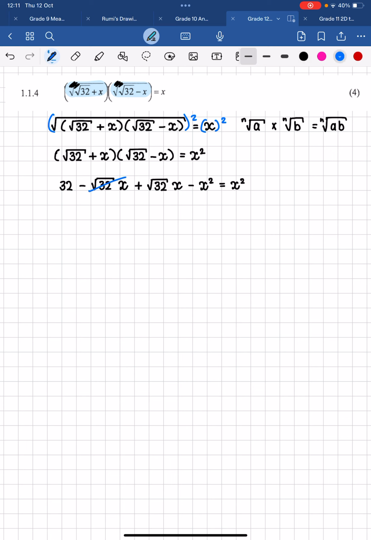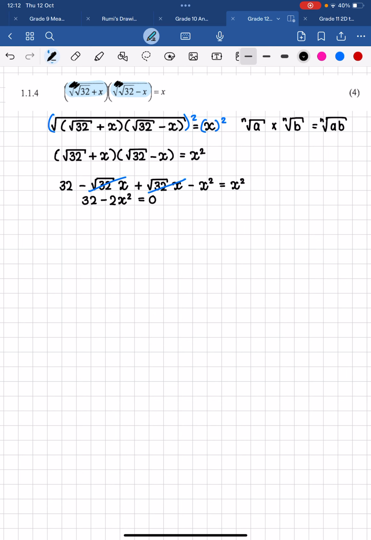So now you can just show that those two terms are going to cancel out. So actually, guys, I'm left with 32 minus 2x squared, because if I move this x squared over to that side, it's going to become another minus x squared. So I'm left with 32 minus 2x squared equal to 0.